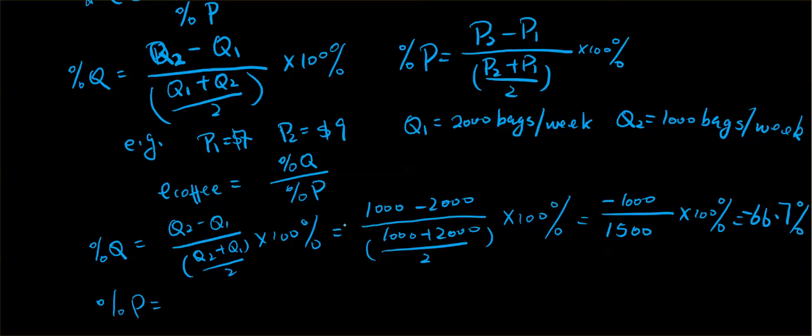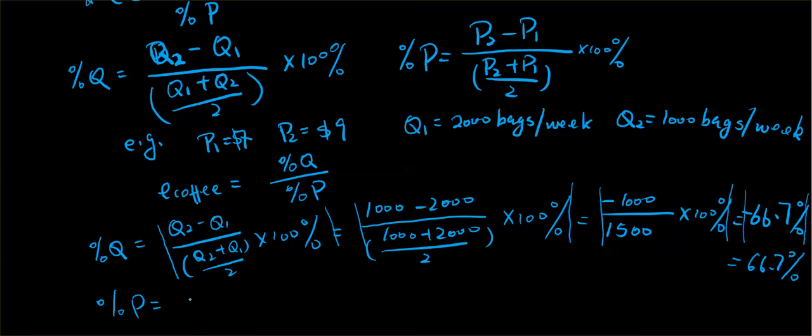The only thing we care about is the final value. So when you calculate the percentage change of the quantity and of the price for price elasticity of demand, make sure at the end you take the absolute value. Even if it's a negative percent, when you write down the final answer, you should just write down 66.7%. So don't worry about the sign.